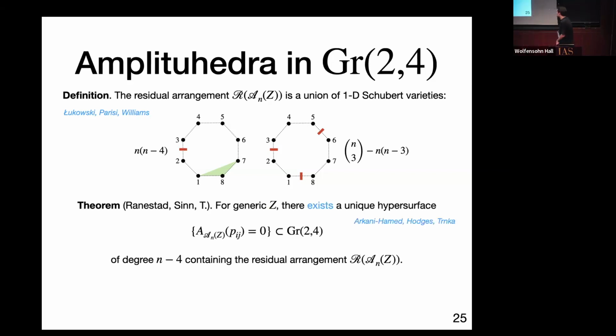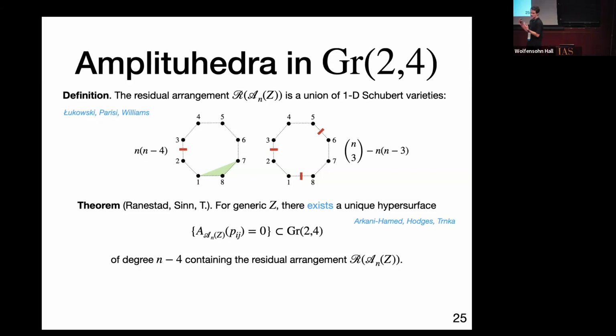So what we proved with Rainer and Christian is that if Z is generic, and this means that there is no line meeting more than four of the lines in the cycle, then there exists a unique hypersurface of degree n minus 4 which interpolates this residual arrangement. Existence was actually argued in a paper by Arkani-Hamed, Hodges, and Trnka.